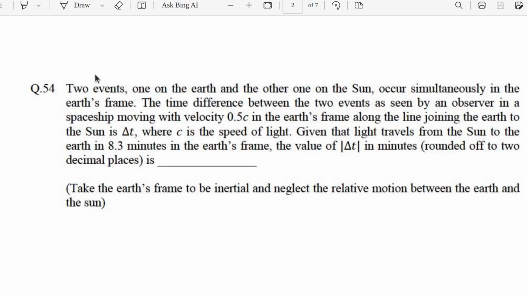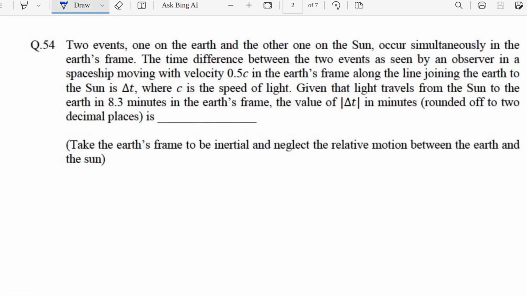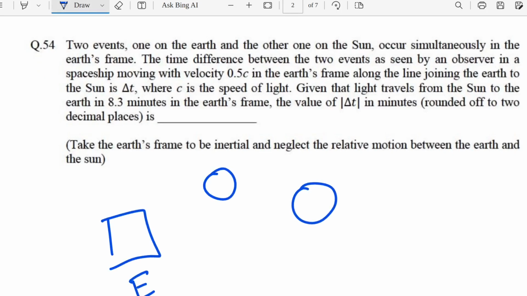Here you can see two events: one on the earth and the other on the sun.